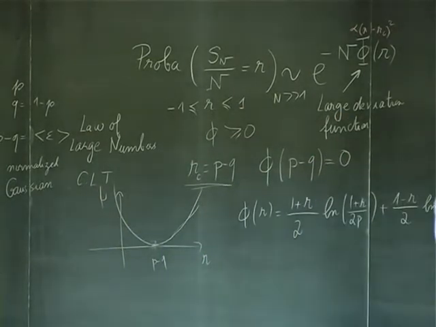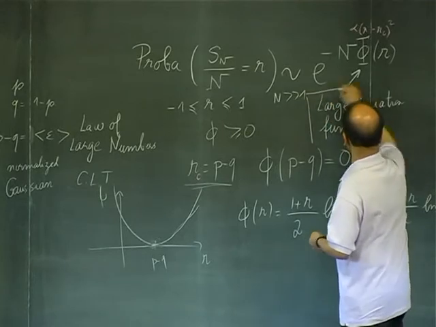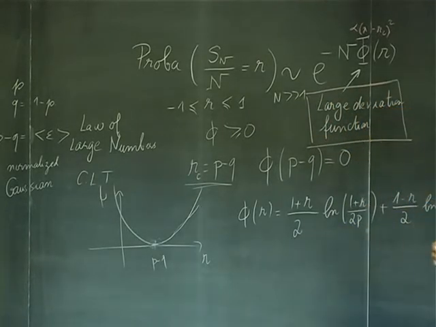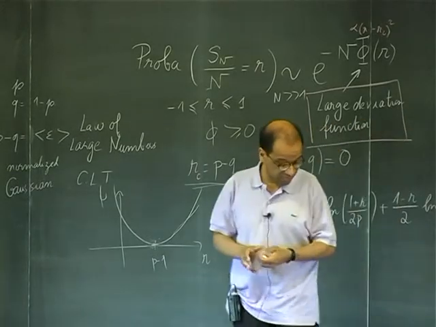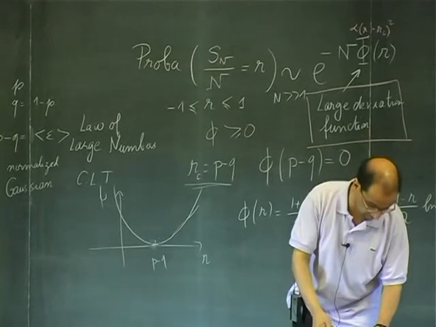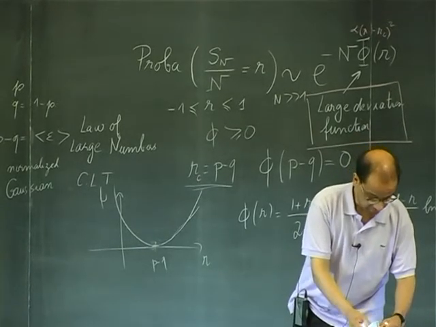So this is a kind of refined object, this large deviation function. Here I just defined it in a purely mathematical manner. But the funny thing is that this started to play a very important role in physics quite recently.